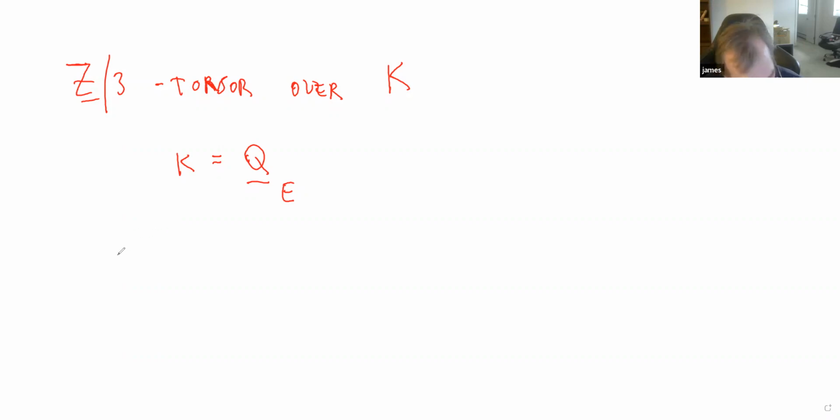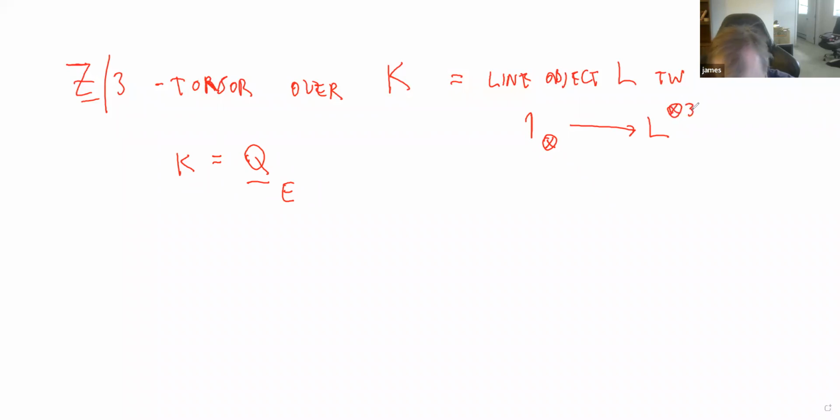So when Z mod 3 splits over the field, then we just say that a Z mod 3 torsor over K is equal to a line object L together with, I'll use my abbreviation TW for together with, a trivialization of the third tensor power of the line object.